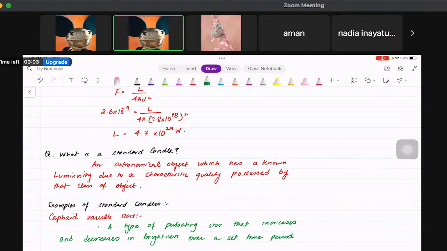All right, now this variation has a well-defined relationship to the luminosity. Yes, please write this down.